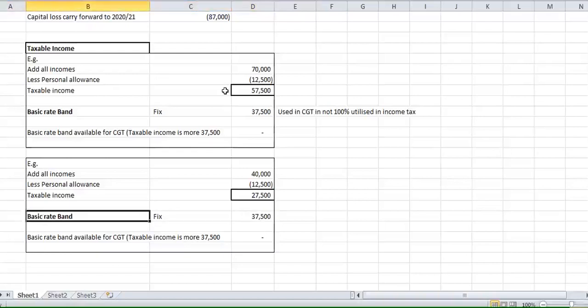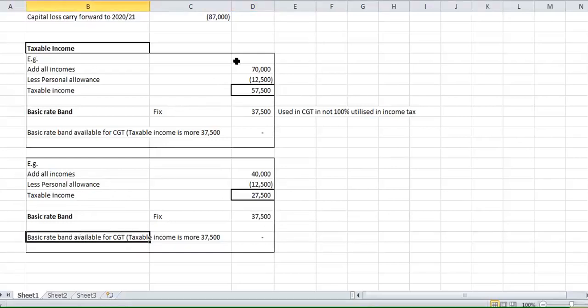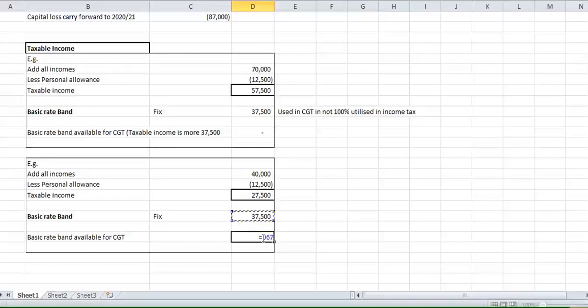What is the basic rate band? 37,500. Now, what is the unused amount of basic rate band? The basic rate band is 37,500 while income is less than 37,500, so the basic rate band is unused by 10,000 pounds in the income tax.